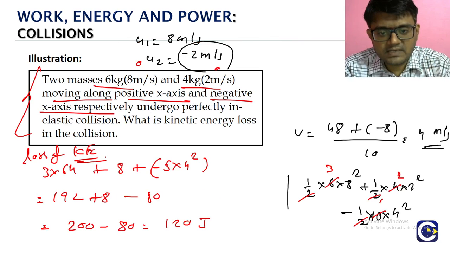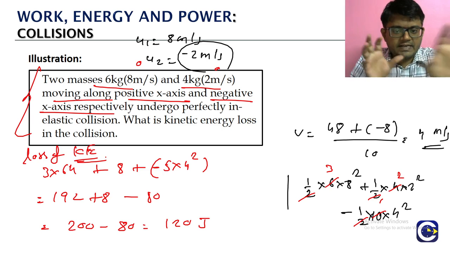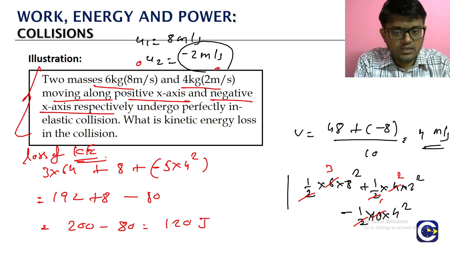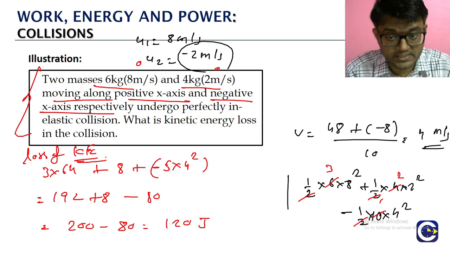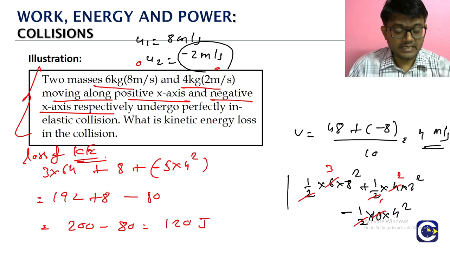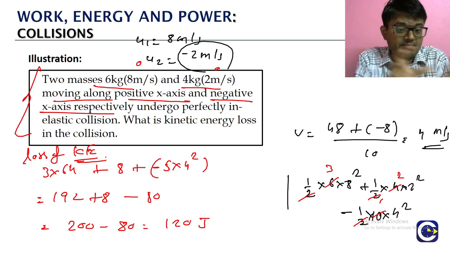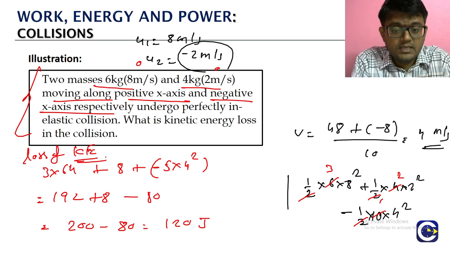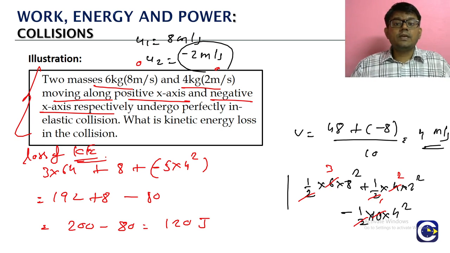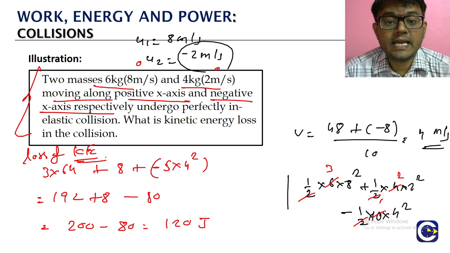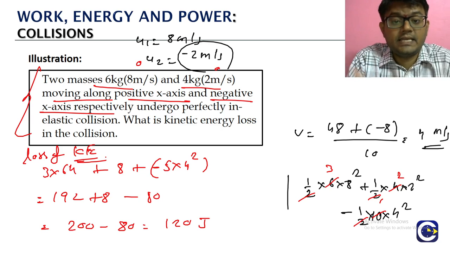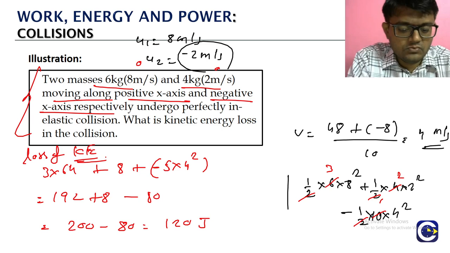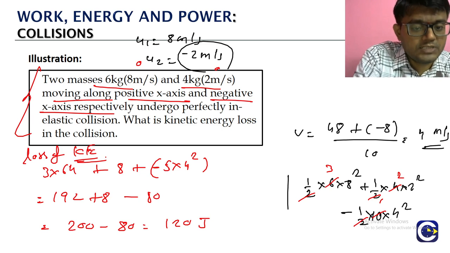For a given type of collision, perfectly inelastic has the maximum kinetic energy loss. If the bodies are moving in the same direction before the collision, generally the kinetic energy loss will be less, but if the bodies are moving in opposite directions, then the kinetic energy loss will be a higher value, as we saw here. So this is how we have to approach these problems.